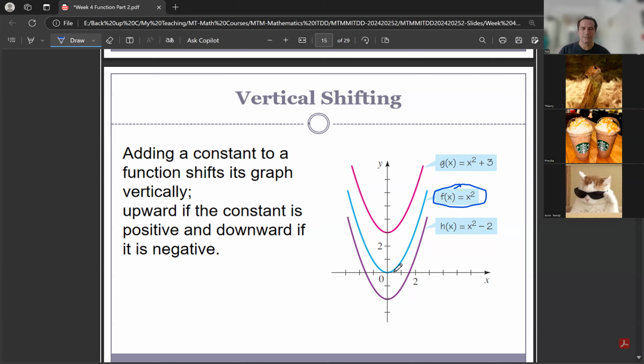By -1, the graph will go down, and if we add 3 to the function, the graph will go up.